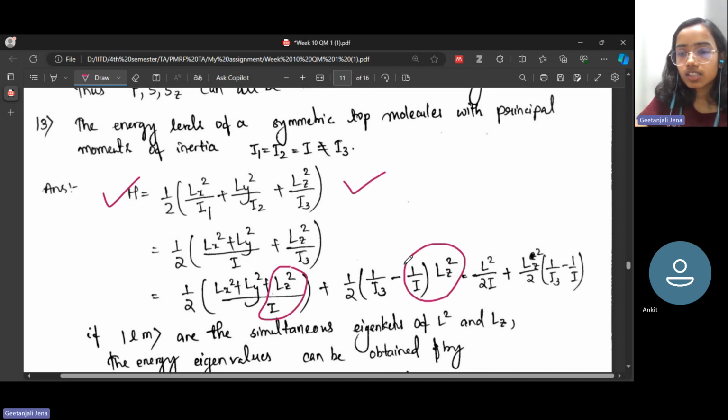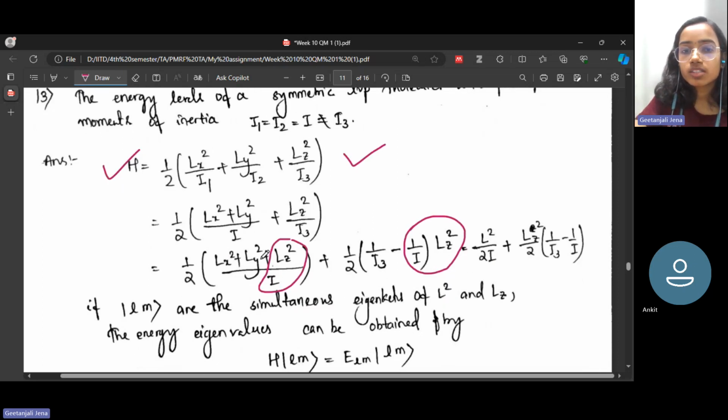It won't change the expression for the Hamiltonian. And Lx square plus Ly square plus Lz square is nothing but L square. So you will get a term like L square by 2I plus Lz square by 2 times (1 by I3 minus 1 by I).